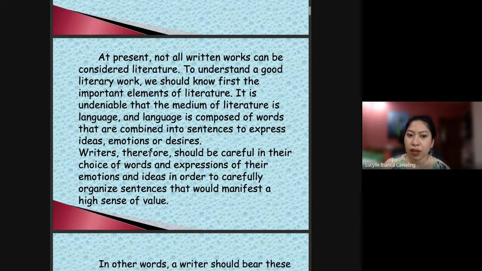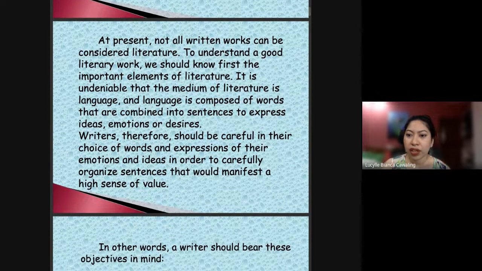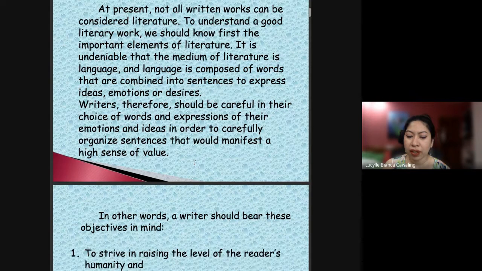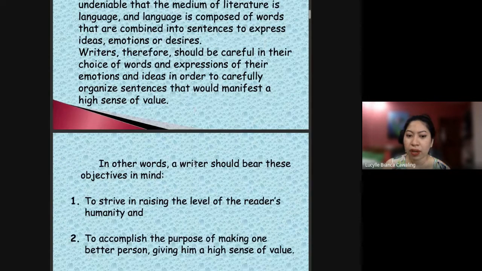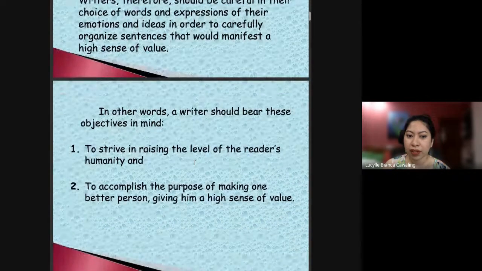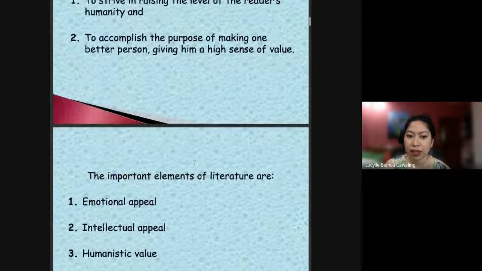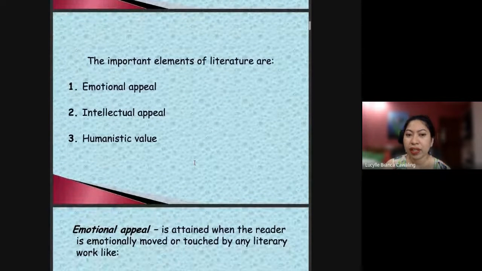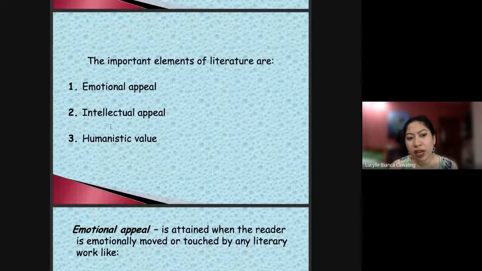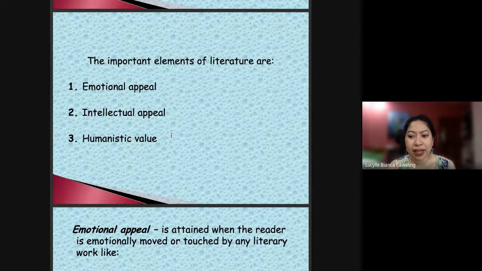So, literature is not just language. But you have to bear this objective in mind. So, the important elements of literature are emotional appeal, intellectual appeal, and the humanistic value.